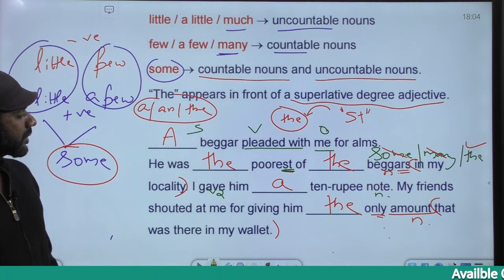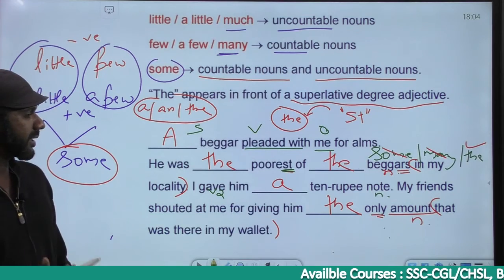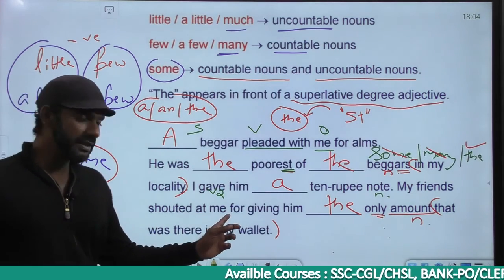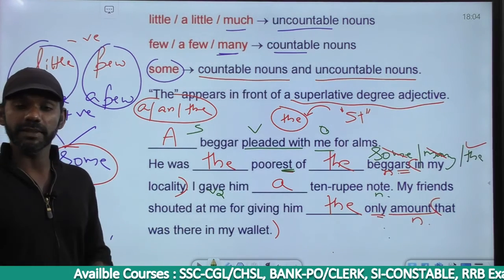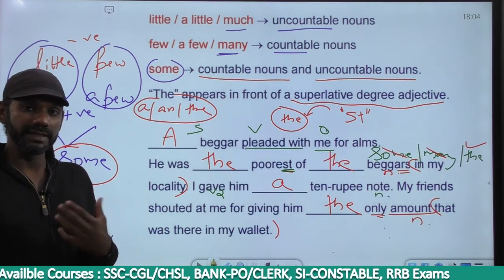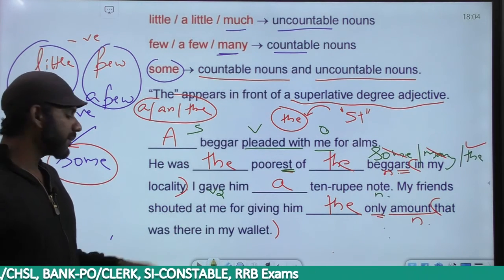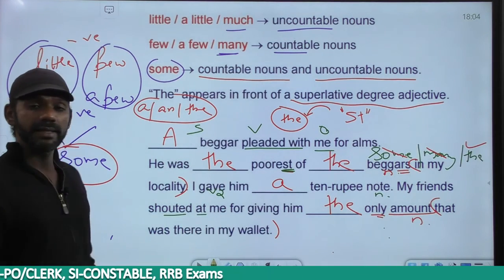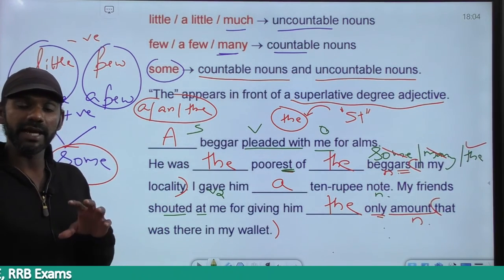My friends shouted at me for giving him the only amount that was there in my wallet. We'll take up to here. My friends shouted at me, active voice. My friends did the action, the subject comes at the beginning in active voice. Shouted is a verb, at is a preposition, shouted at becomes a phrasal verb.